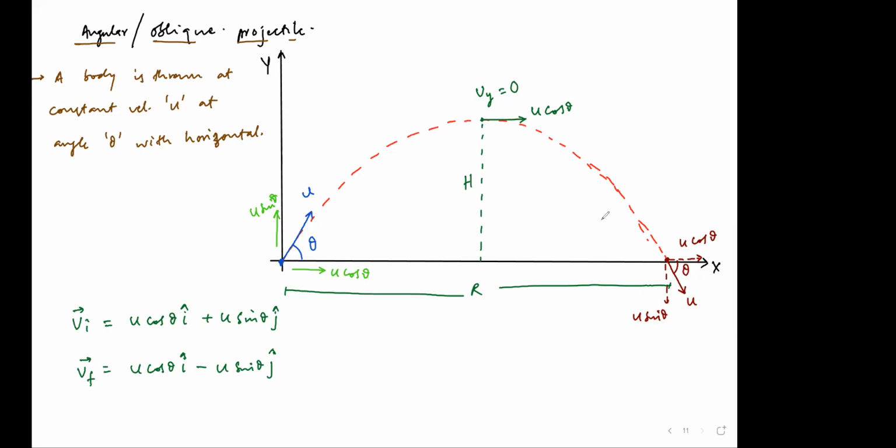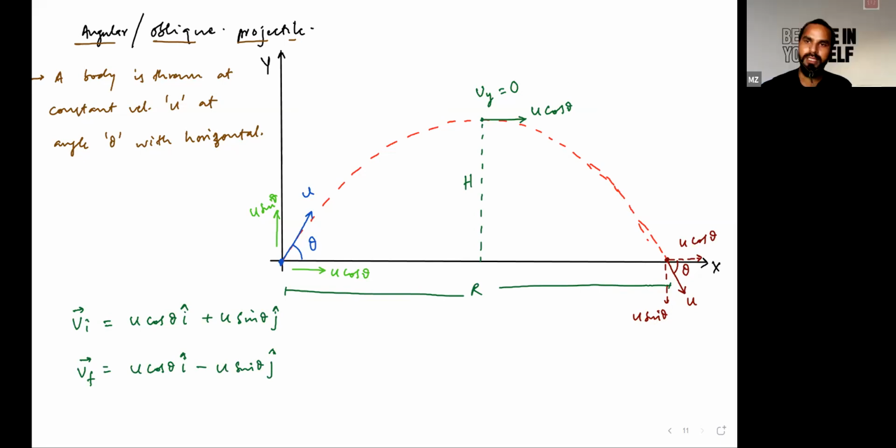Yes, sir. Now from this relation, we will first find the average velocity. It is nothing but initial velocity plus final velocity divided by 2. If you add these two terms, u sine theta and negative u sine theta cancel out. U cos theta becomes 2u cos theta. And if you divide by 2, it gives you just u cos theta i cap.